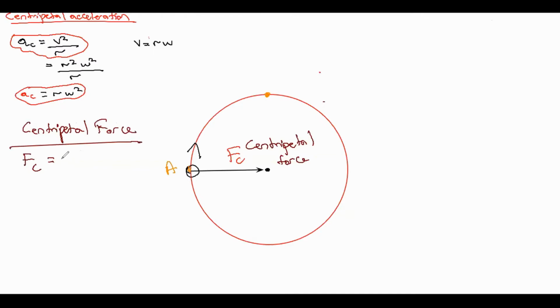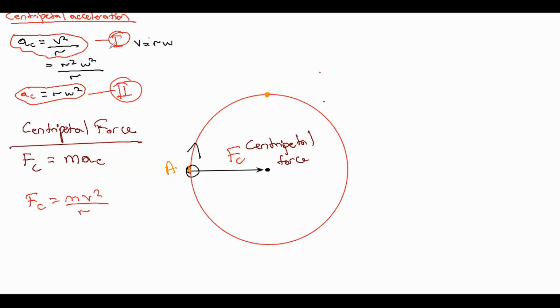So centripetal force. The first thing we're going to write here is simply F is equal to m a_c. So F is equal to ma. Now, we know that a_c has two formulas. If we substitute the first one, it's going to be mv squared over r. Let's say this is 1, and this is 2.